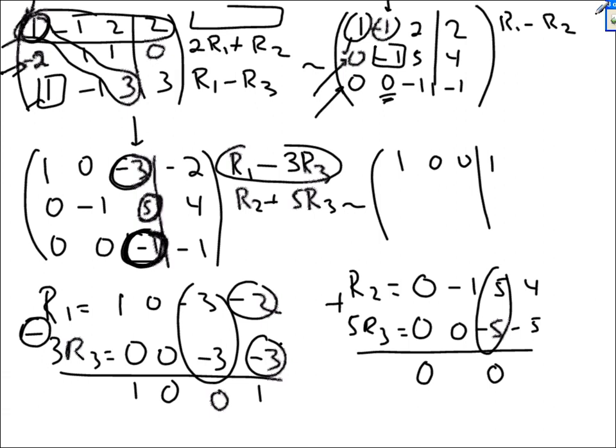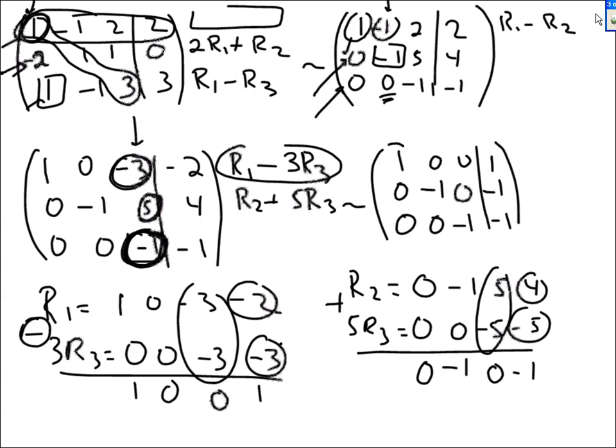It is negative 1. And 4 plus negative 5 is negative 1. 0, negative 1, 0, negative 1. In row 3, we don't change. Other than the diagonals, numbers to the left of this line are all zeros.